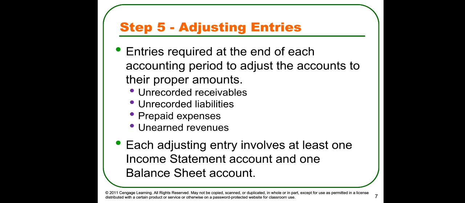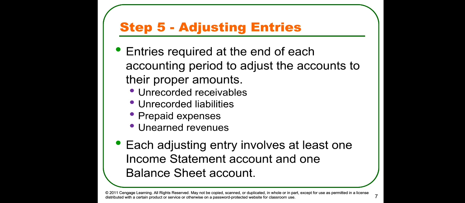Okay, here. Now, step 5, adjusting entries. This is the step 5 in the accounting cycle. Doing adjusting entries. Okay, remember this. The main purpose of doing adjusting entries is to follow the matching principle.